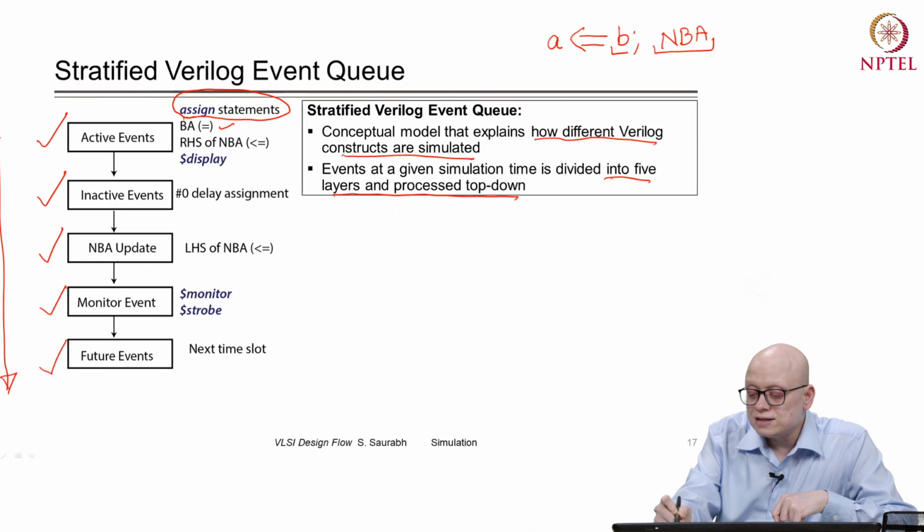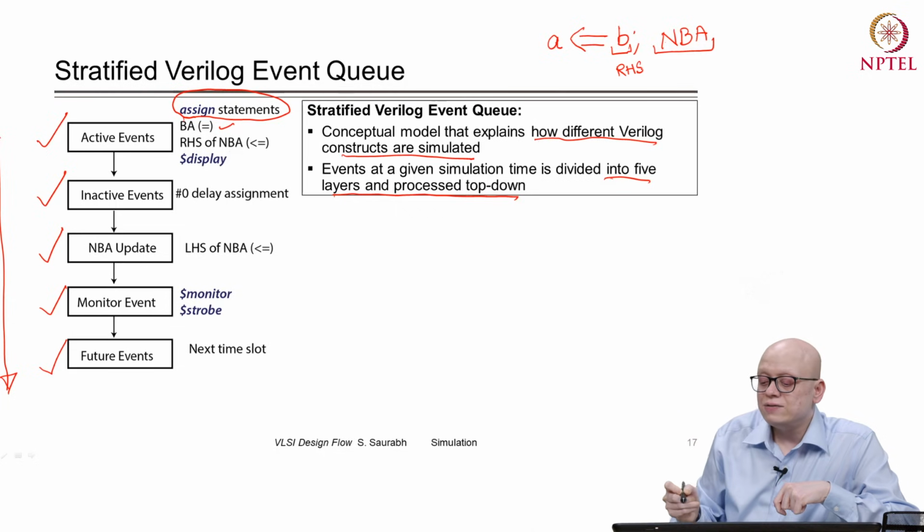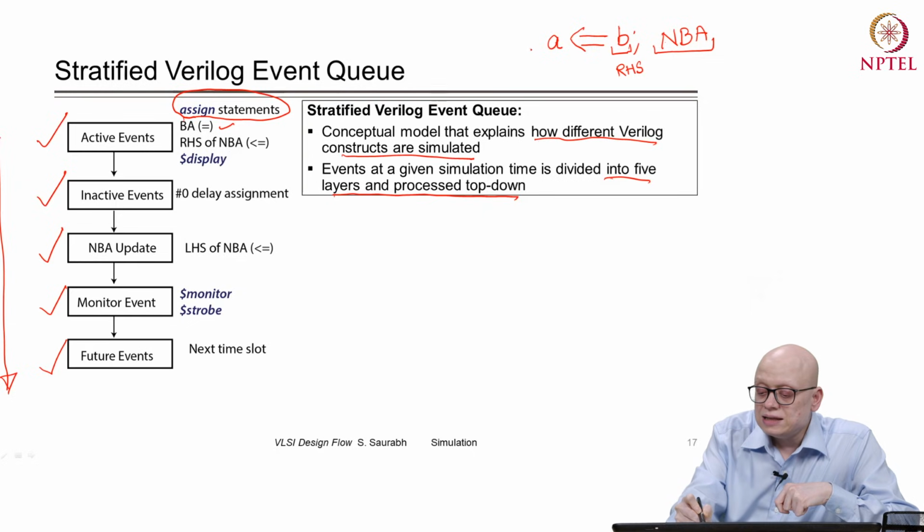In the first step the RHS is evaluated and an event is scheduled, and then in the second step the LHS is updated.